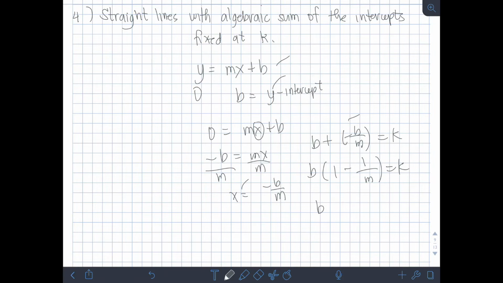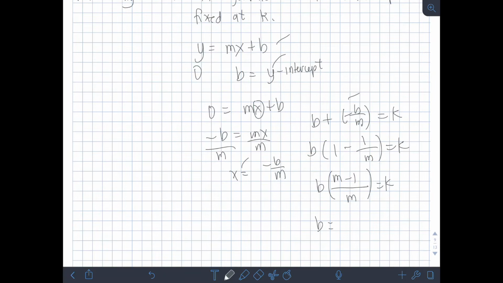Tapos, gawin nating single fraction tong 1 minus 1 over m. Magiging m minus 1 over m, equals k. So, we have b is equal to, cross-multiply natin tong m sa taas, itong m minus 1 sa baba, magiging mk over m minus 1. So, therefore, pwede natin ipalit itong b in terms of m dito sa original equation natin.